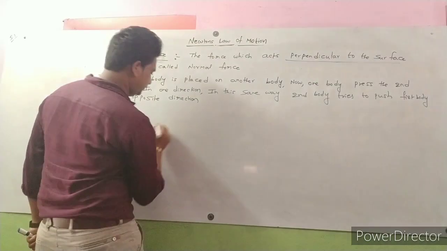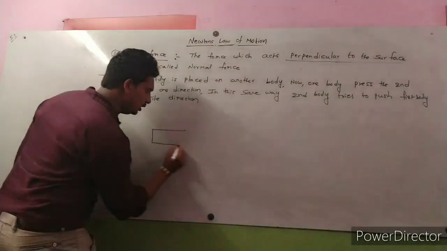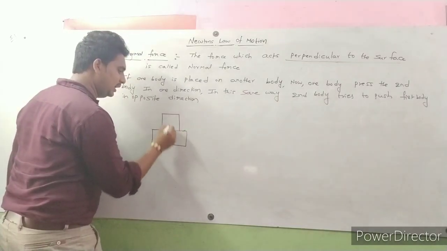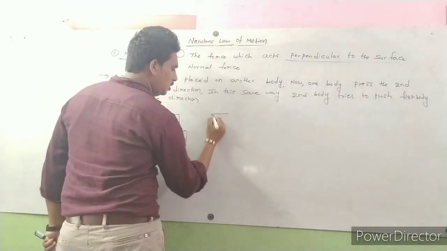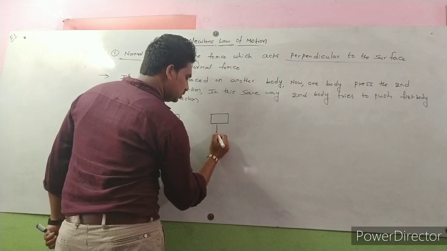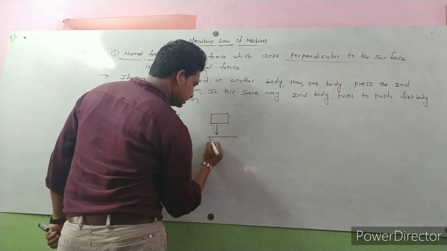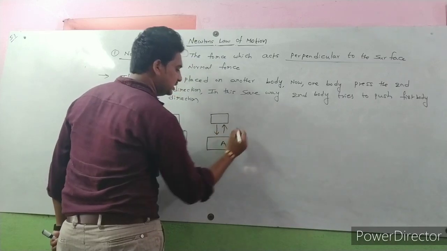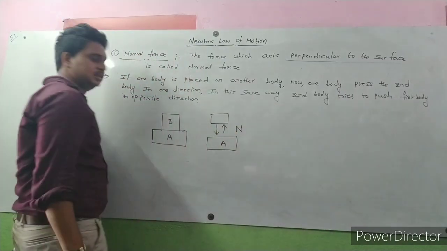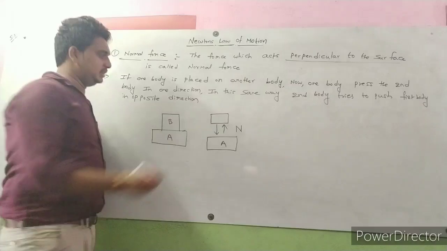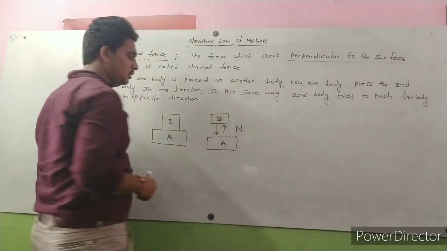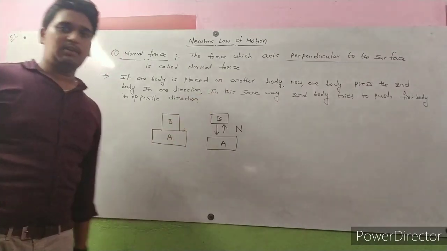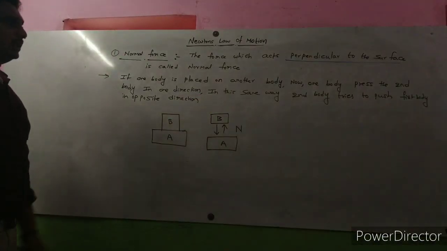For example, this is body A, this is body B. Body B pushes A in this direction. Similarly, A also pushes B in the opposite direction. This is how the normal force acts. So A pushes body B in one direction, and B pushes A in the other. This is a normal force.